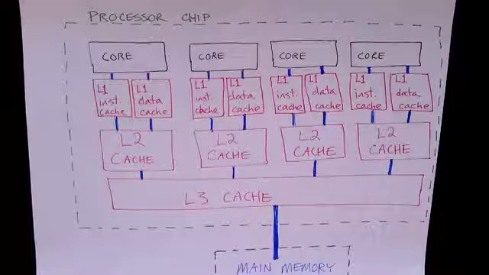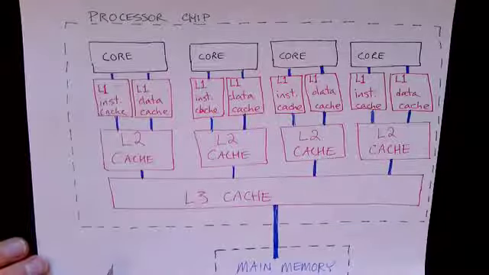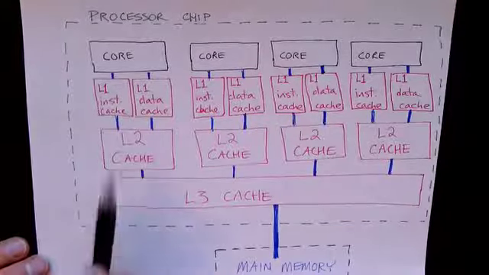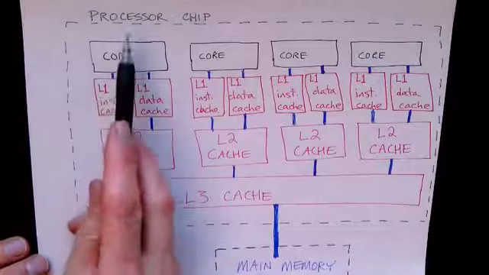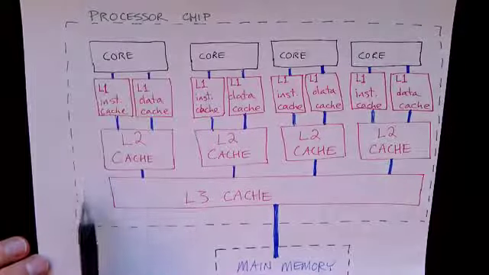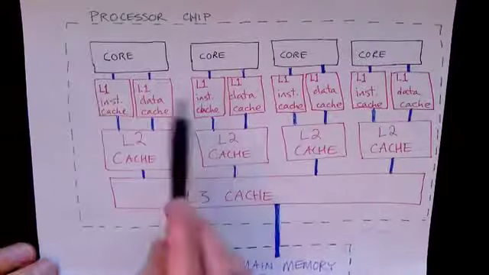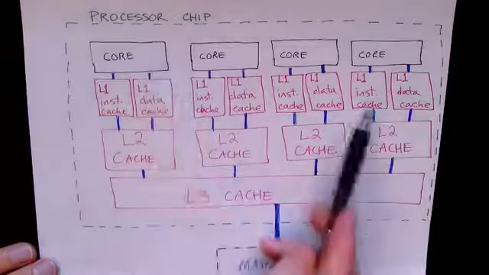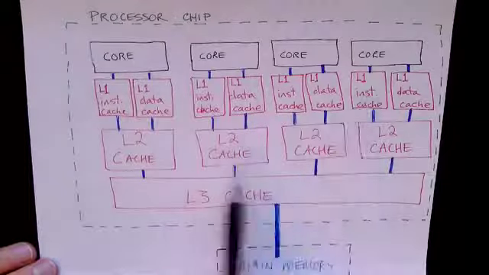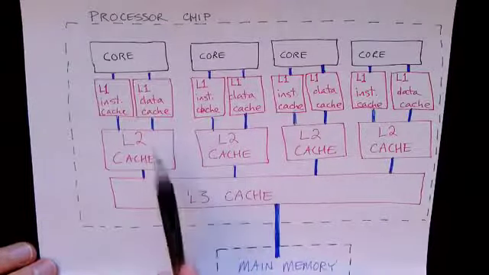Here's a diagram showing the caches on the Intel Core i7 chip. The dotted line here indicates what's on the main chip. And so you see the 4 cores that you would find on that chip, along with a bunch of caches, L1, L2, and L3 caches.